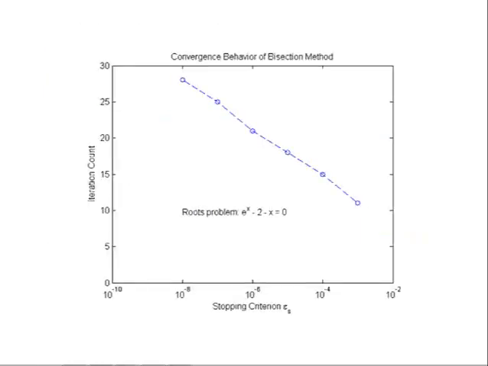Here's the plot. Here's our logarithmic axis. And I did that because since we're changing ES by orders of magnitude, in order to see the variation of what's going on, we can use that logarithmic axis.